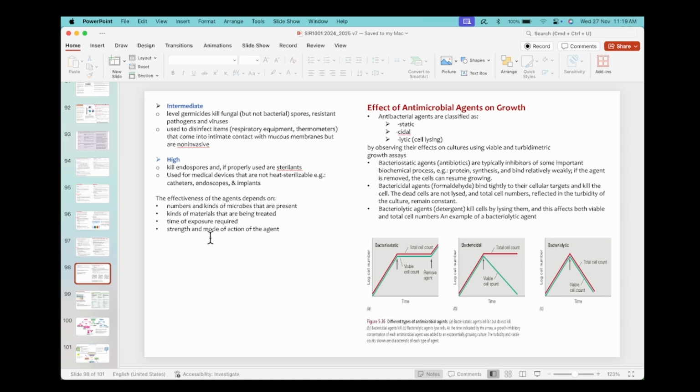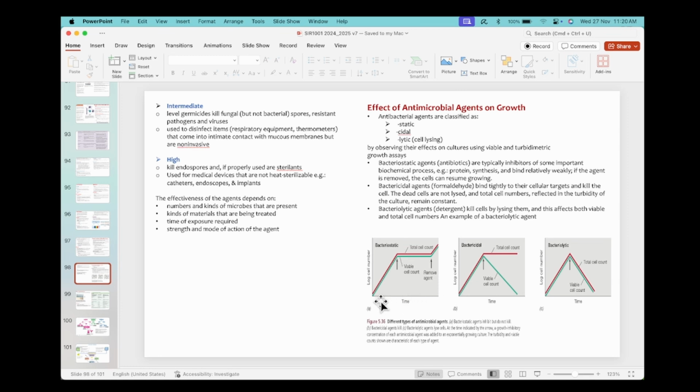Then the effectiveness of these agents depends on the numbers and kinds of microbes that are present, the kind of materials that are being treated, the time of exposure required, and the strength and mode of action of the agent. To follow the effects of antimicrobial agents on growth, usually we carry out a time course experiment where we follow the bacterial counts, cell numbers, with time.